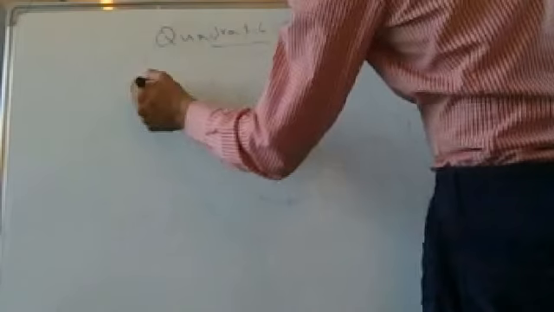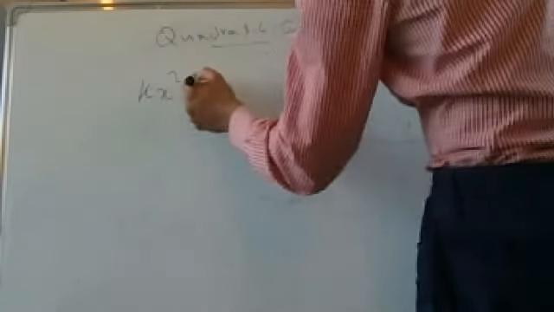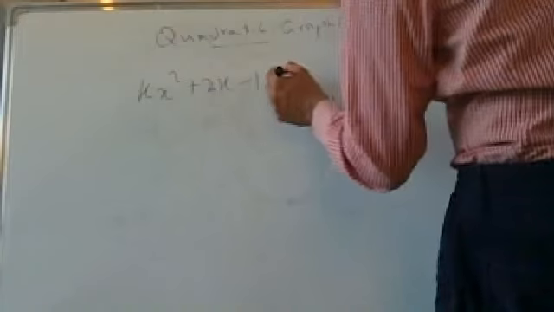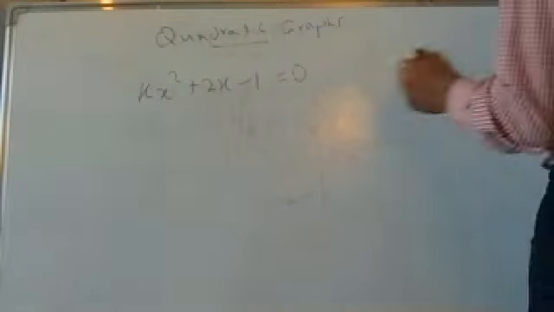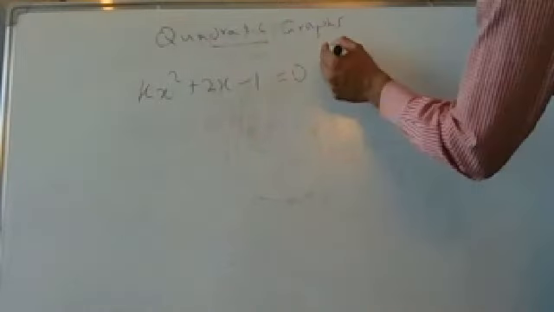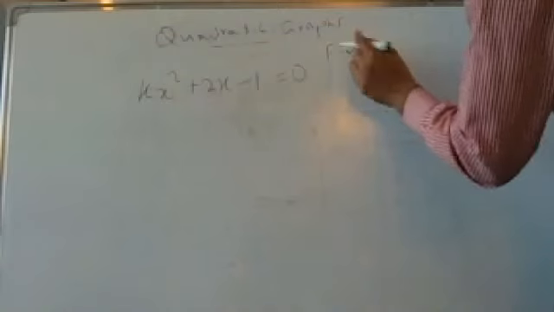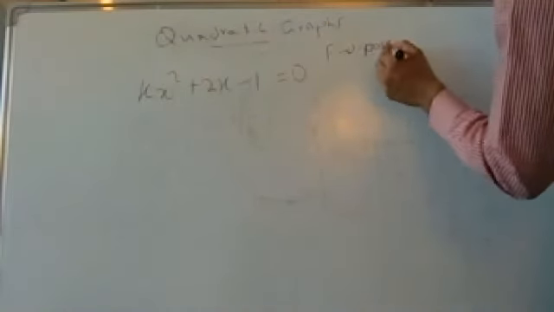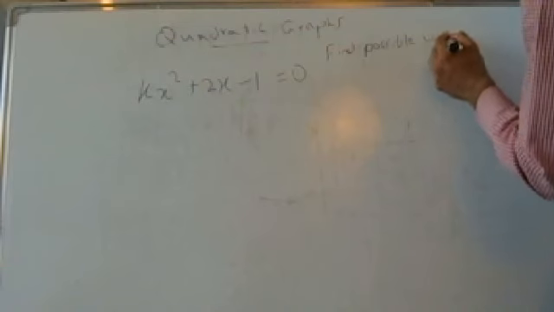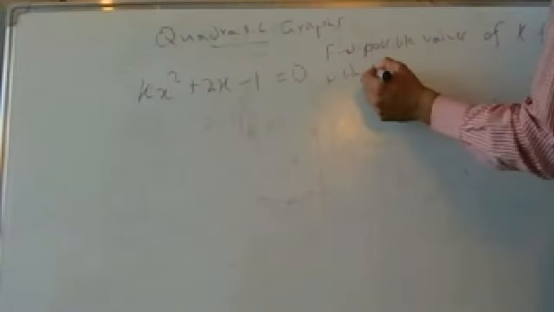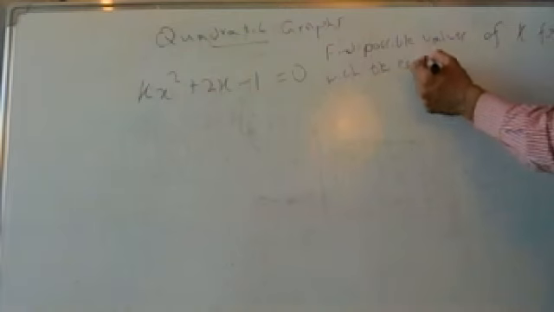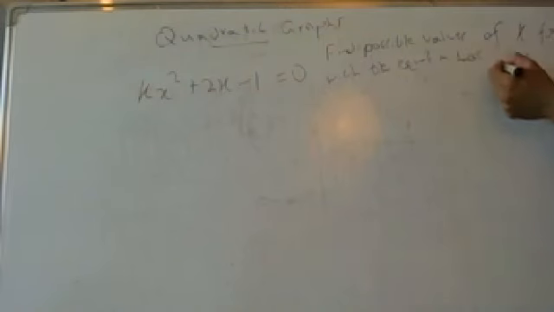Now, let's say we have a question. Let's say we have kx squared plus 2k minus 1 equal to 0. They're going to ask us a question like this. They're going to say, find possible values of k for which the equation has equal roots.